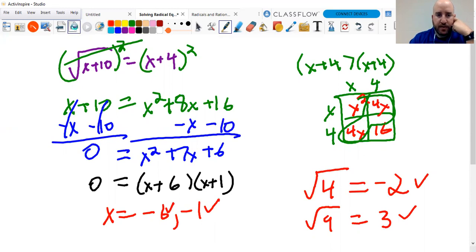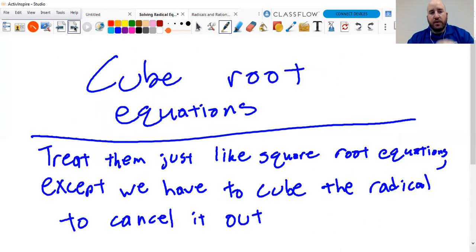All right. Cube roots. I'm going to go really quick with the cube roots. I'm treating them exactly like we would square roots. If I have a square root, I have to raise it to a second exponent to cancel it out.